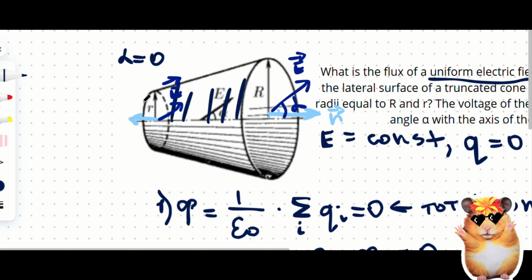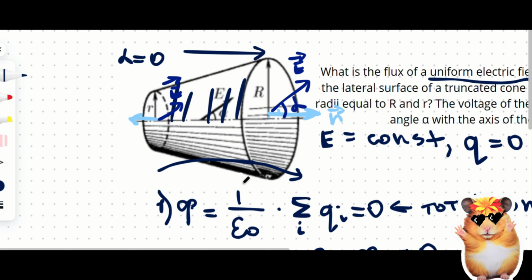That means that our field lines are going to be horizontal. They are going to enter our cone by its lateral surface, by this one, and they are going to come out by the big base.